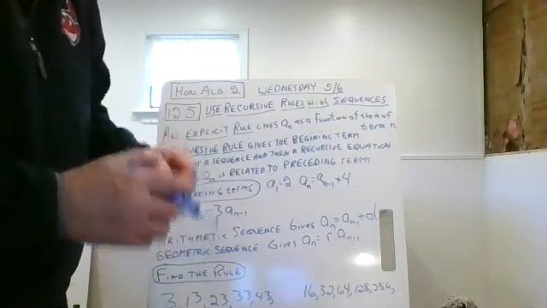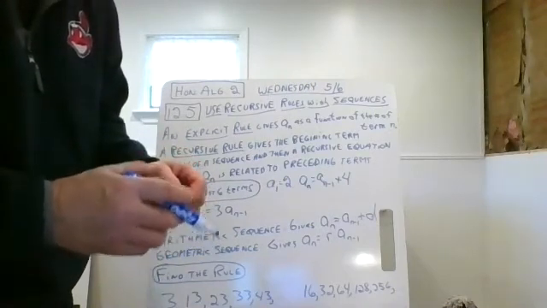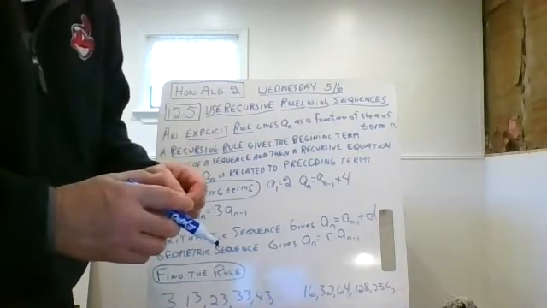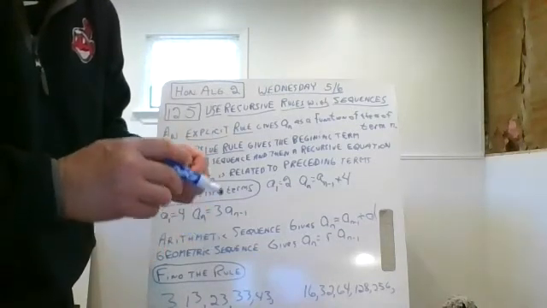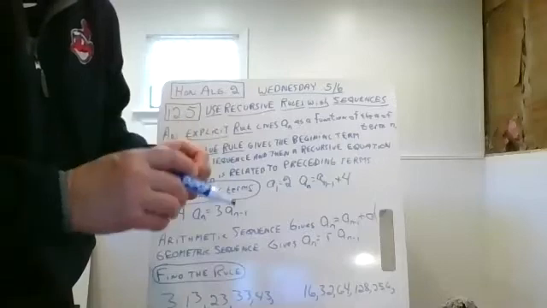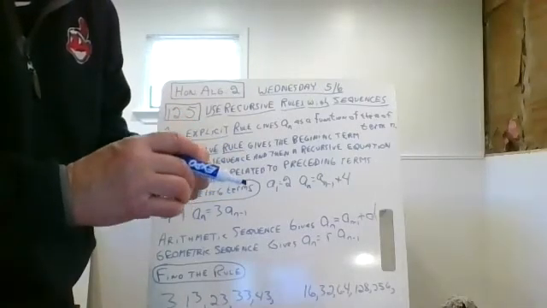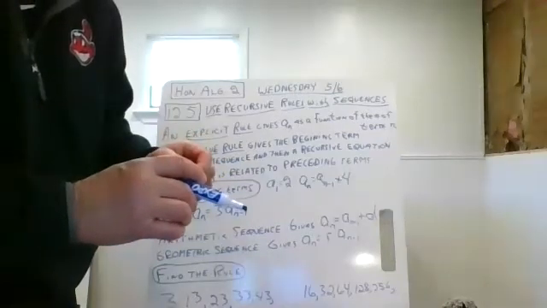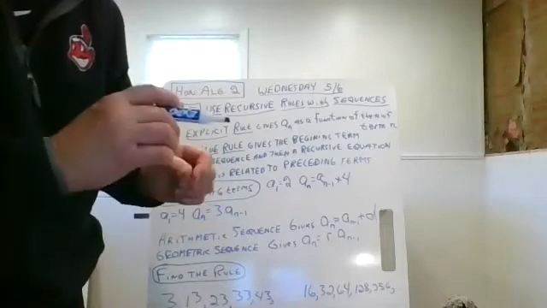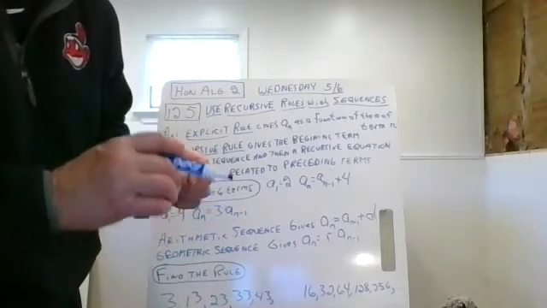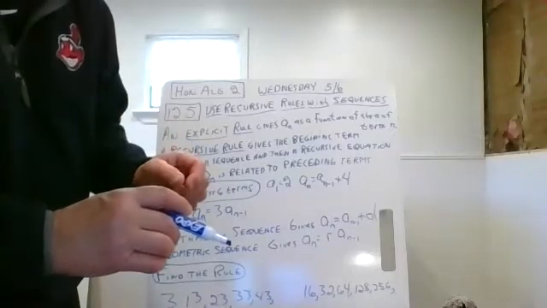What we're doing today is going to be called a recursive function of n, where a sub n can be a function of n, but what's more important is that it's a function of preceding terms, which we would call a sub n minus 1.